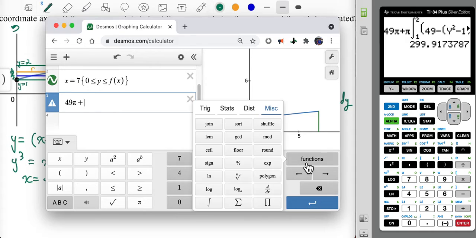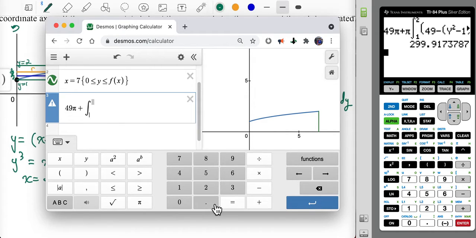So 49 pi integral over the interval of 1 to 2 of 49, that's the 7 squared, minus the x squared. That was, again, y cubed minus 1. So y cubed minus 1, close it up and square it.